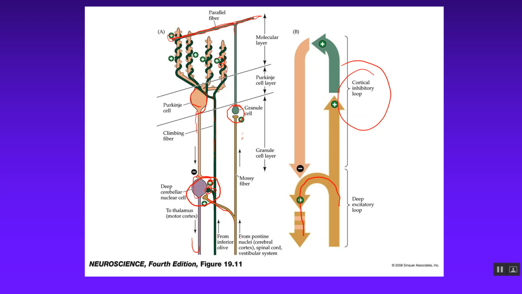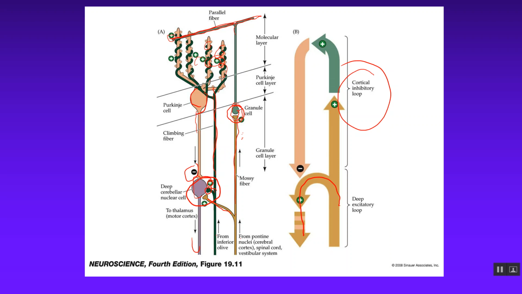But then there's a little delay, because now the signal continues up to the granule cells and also continues up to the dendrites here of the Purkinje cell. And now you get this increase in the inhibitory output of the Purkinje cell. A few milliseconds later, that turns the muscle off, okay?